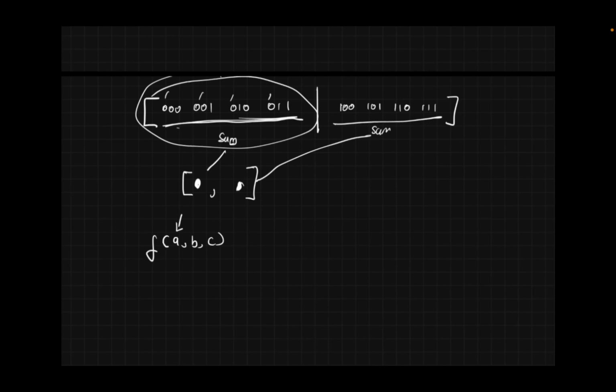You partially evaluate this at 0, bc, to get f of 0 bc, you will get this. And to get this other one, you do f of 1 bc. So that will give you this one where a is 1. It's like you're fixing a to be 0 here, which just picks out those ones, and when you're fixing a to be 1, it just picks out those ones.